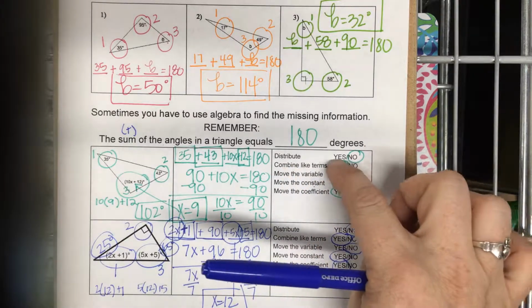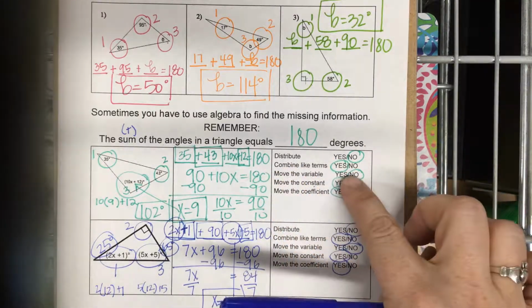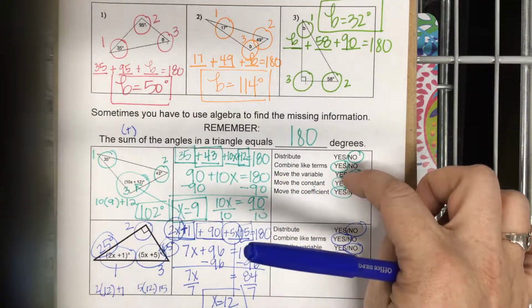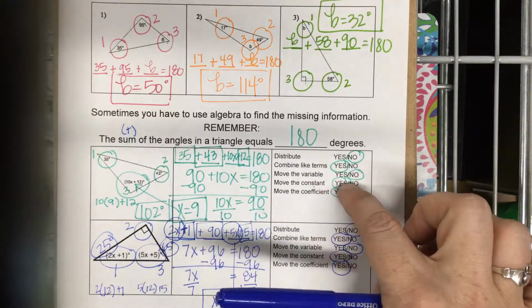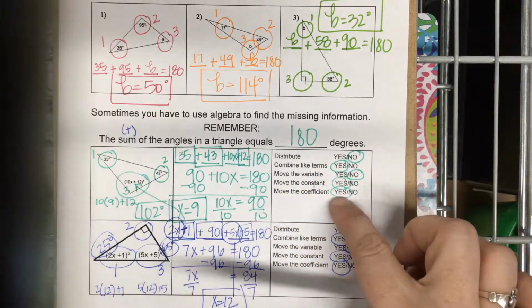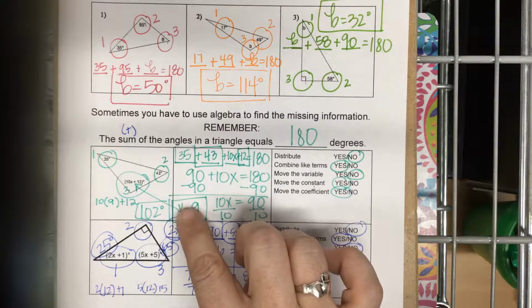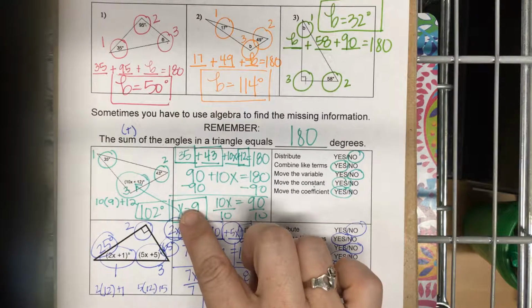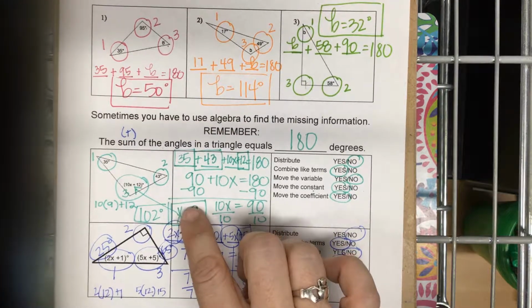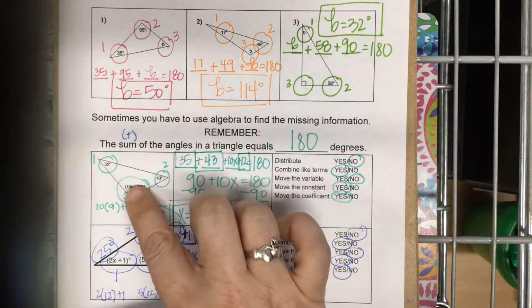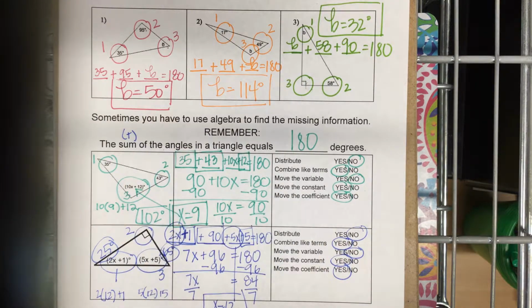Combine like terms? Yes. Variable on both sides? Probably not. Should you move the constant? Probably yes. Coefficient? Yes. And then you get your x value, or whatever variable it is. Then you can substitute that value you just found to find your angle measurement in the triangle.